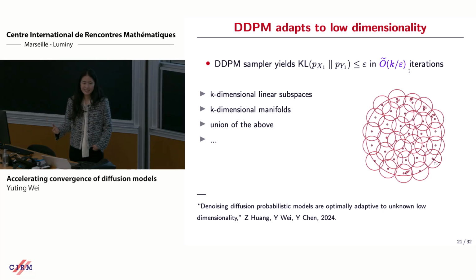So in the sense that if you have a target distribution with log covering number that scales with k instead of d, because in general, a d-dimensional distribution would have log covering number scale with d. If you have that scaling with k, then we can prove that the number of iterations, instead of d over epsilon, can be improved to k over epsilon without changing the sampler itself.